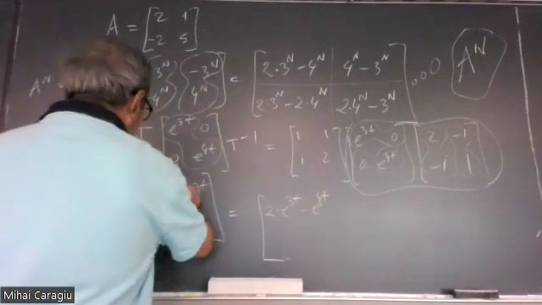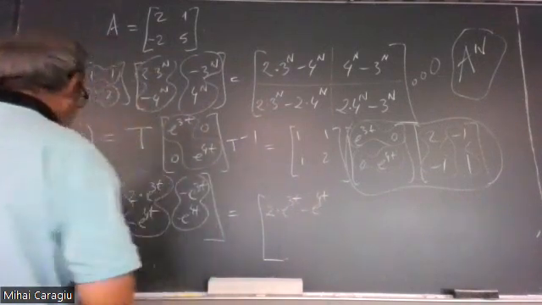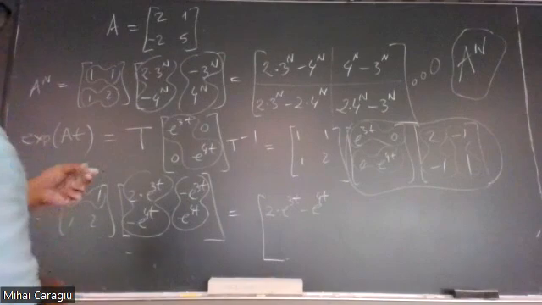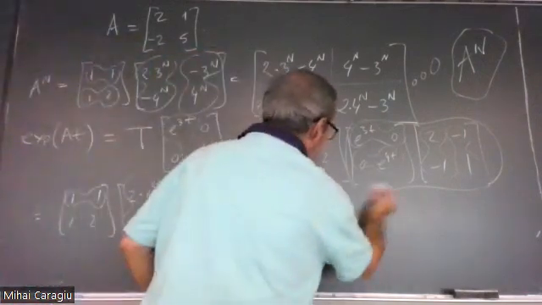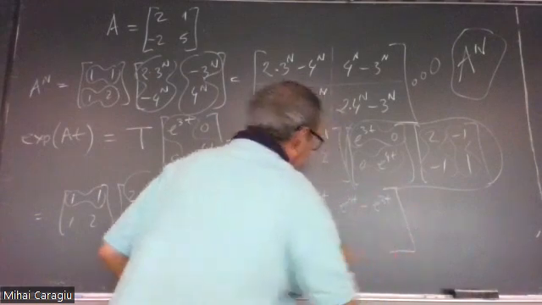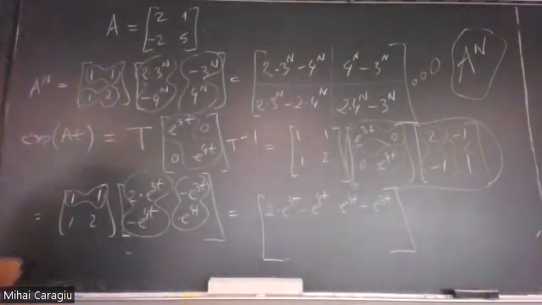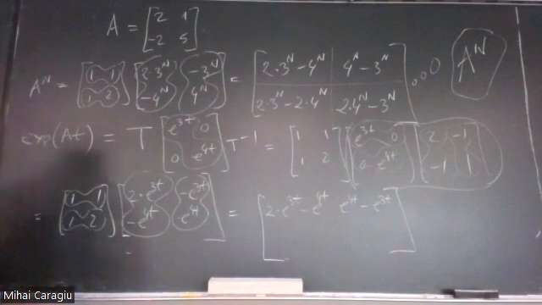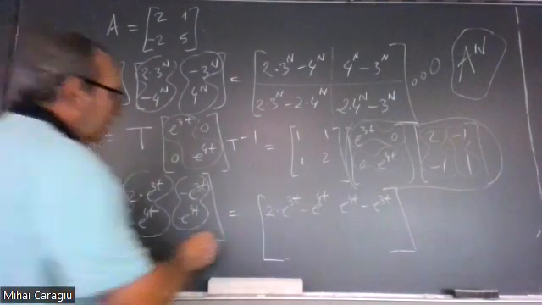First, second: e to the power 4t minus e to the power 3t. Second, first: 2 e to the power 3t minus 2 e to the power 4t.